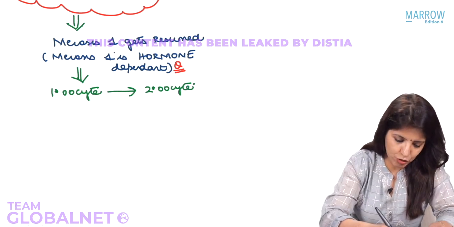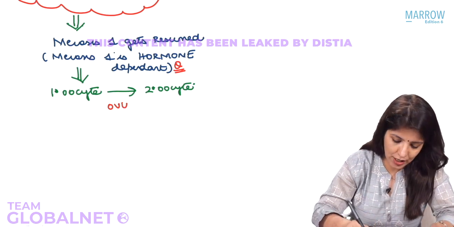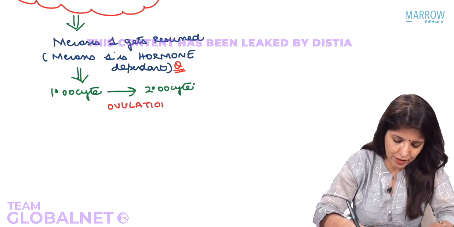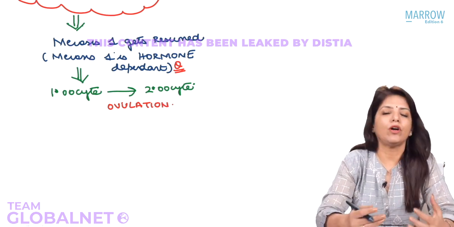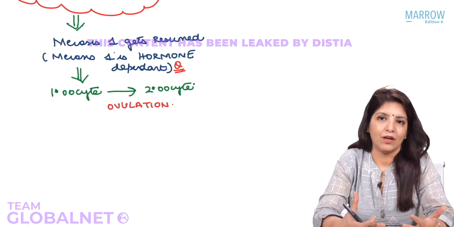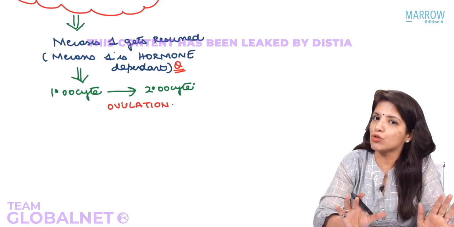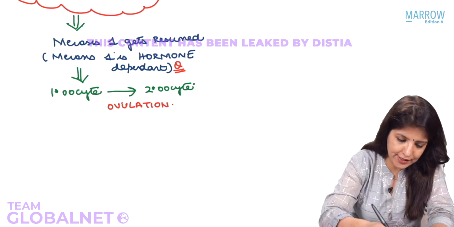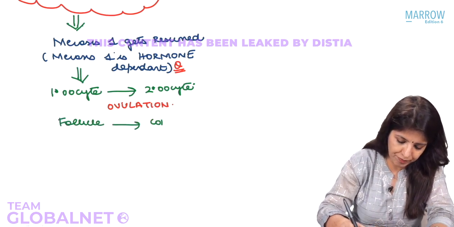So we say that it is because of meiosis 1, because of LH surge, that ovulation has happened. And what will happen to the follicle? Primary oocyte, yes, has got converted into secondary oocyte. What happens to the follicle? The follicle gets converted into corpus luteum.